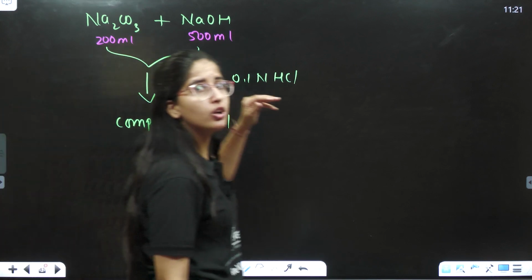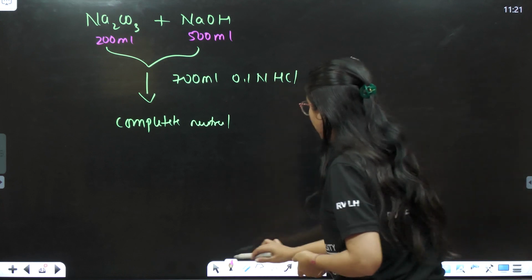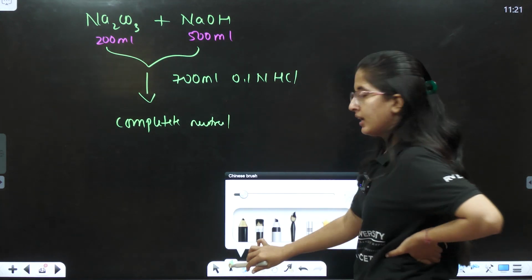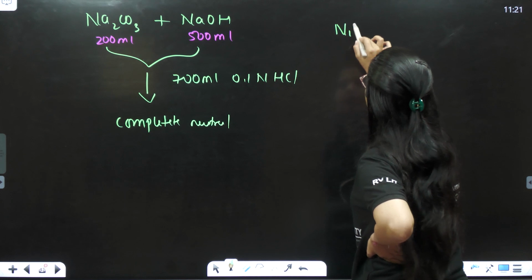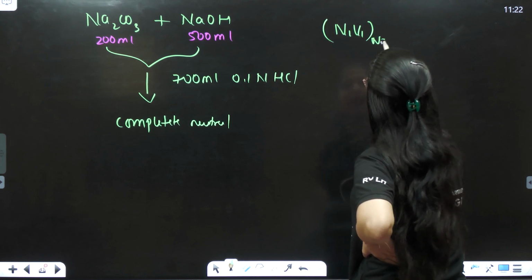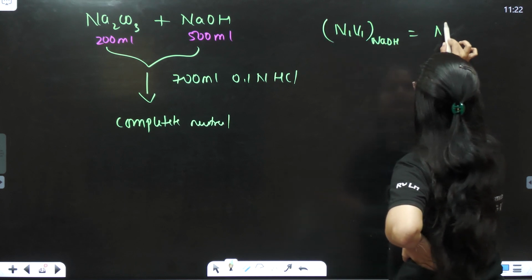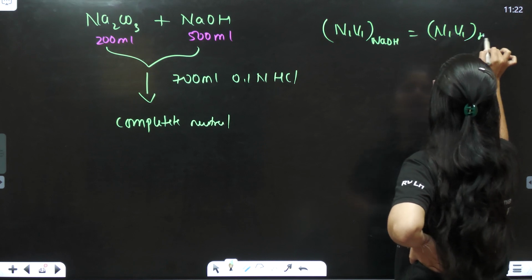Now can I apply the law of equivalence? Yes. So N1V1 of NaOH will be equal to N1V1 of HCl.